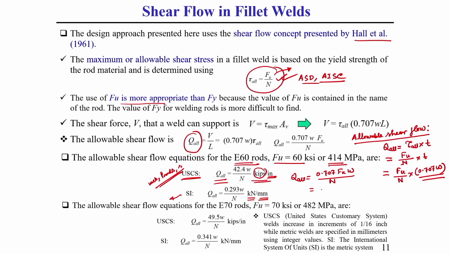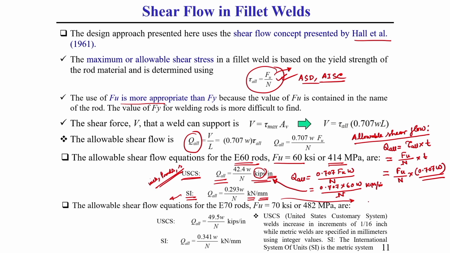Here Fu is in ksi, so if you put 60 into W divided by n, you get 42.4 divided by n, with unit kilo pounds per inch. Now, according to SI units, I am also showing this calculation.